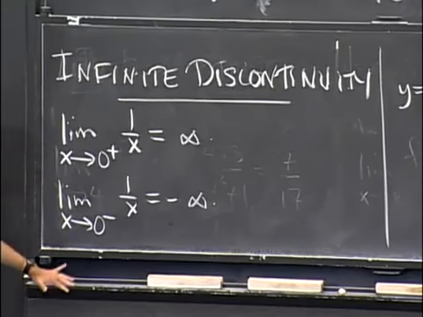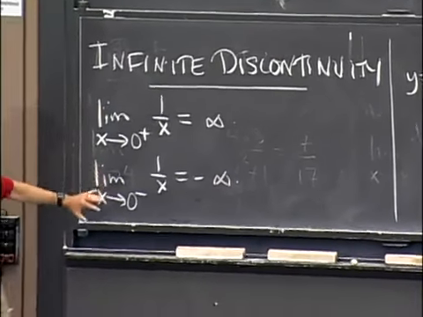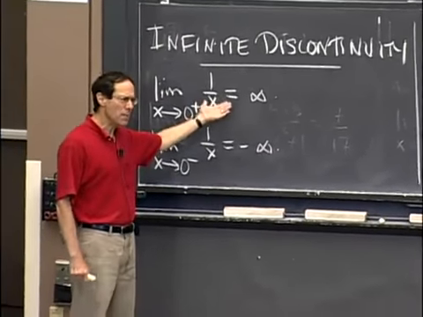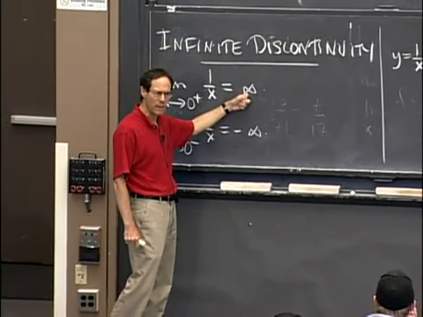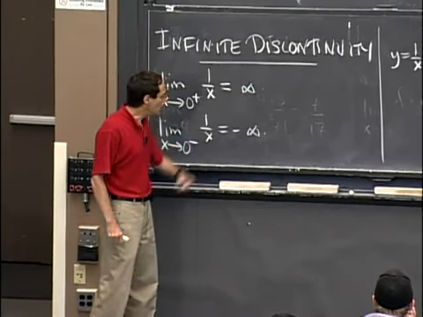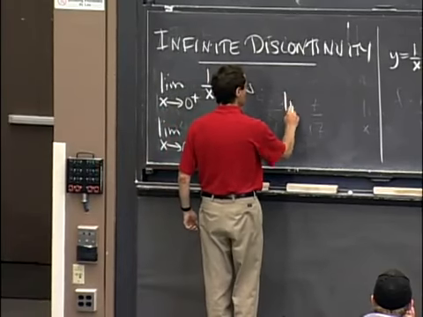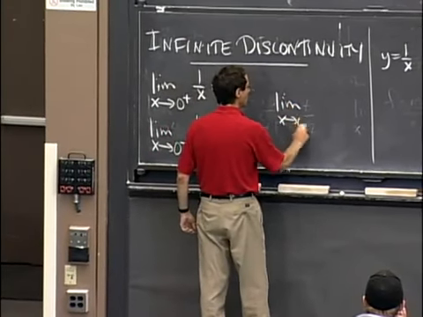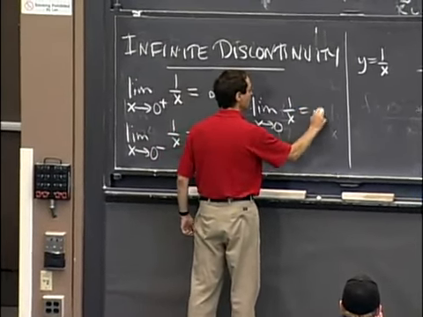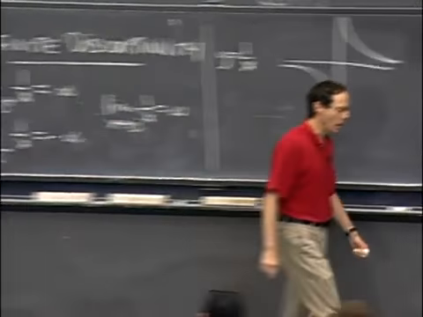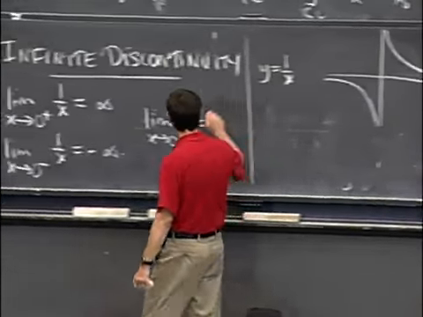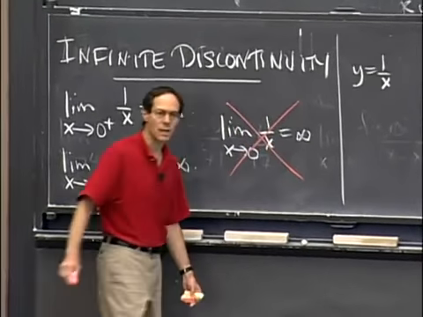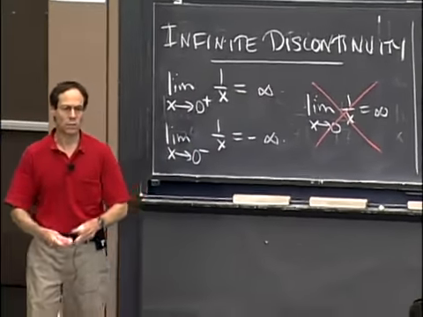Now, some people say that these limits are undefined, but actually they're going in some very definite direction. So you should, whenever possible, specify what these limits are. On the other hand, the statement that the limit as x goes to 0 of 1 over x is infinity is simply wrong. Okay? It's not that people don't write this. I mean, in fact, you'll probably see it.